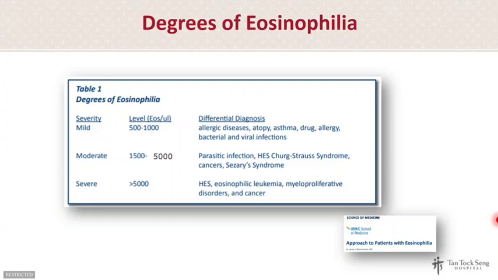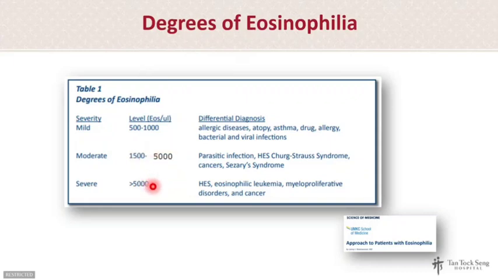This table will guide us on what disease entity we are dealing with. So, if for example you have mild eosinophilia, wherein your eosinophil count is 0.5 to 1, or 500 to 1,000, then the differential diagnosis would be like allergic diseases, atopy, asthma, or drugs, or bacterial and viral infection.